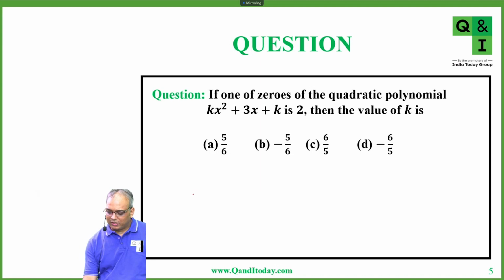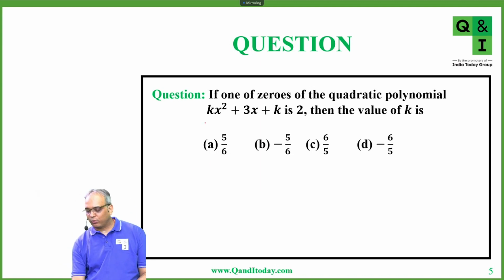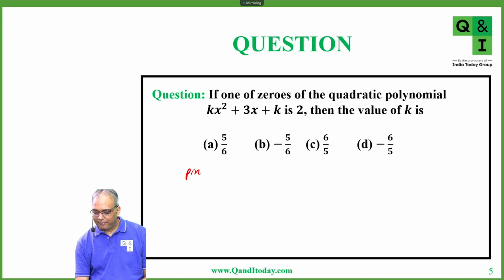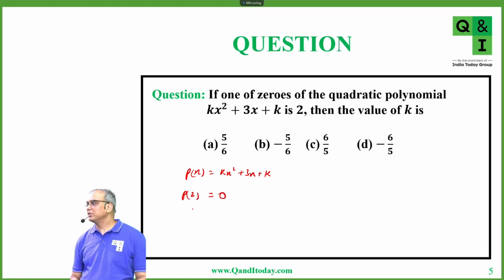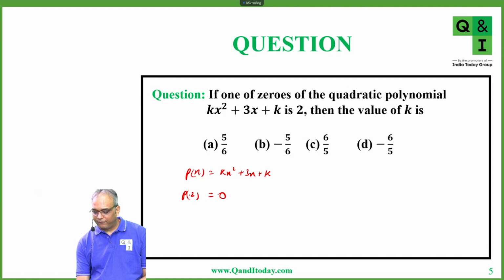Here, students, if one of the zeros of the quadratic polynomial is 2, that means if we have a polynomial p(x) = kx square plus 3x plus k, then p(2), because it is a zero, will be equal to 0. Replace the value of x by 2.